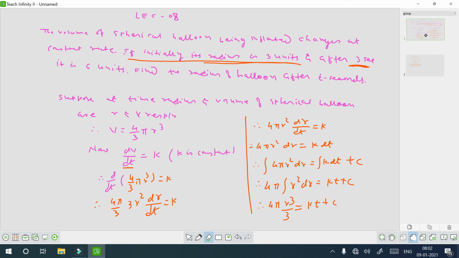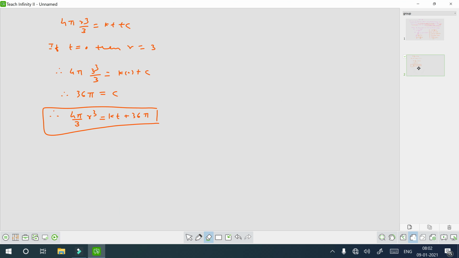But we want some more quantity. It is once again given. What we want? Find the radius of the balloon after t seconds. And after 3 seconds it comes out 6 units. So put that value. If t is equal to 3, then r is equal to 6. So 4 pi by 3 into 6 cube is equal to k into 3 plus 36 pi.